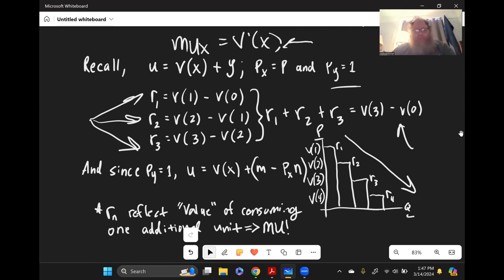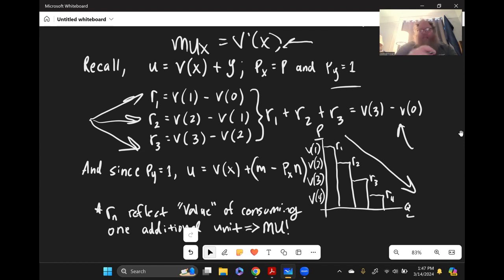That sounds like diminishing marginal returns to me. And so the full story here is that the reservation price reflects the value of consuming one additional unit of the good. And the change in value to consuming one additional unit of the good has always been marginal utility.